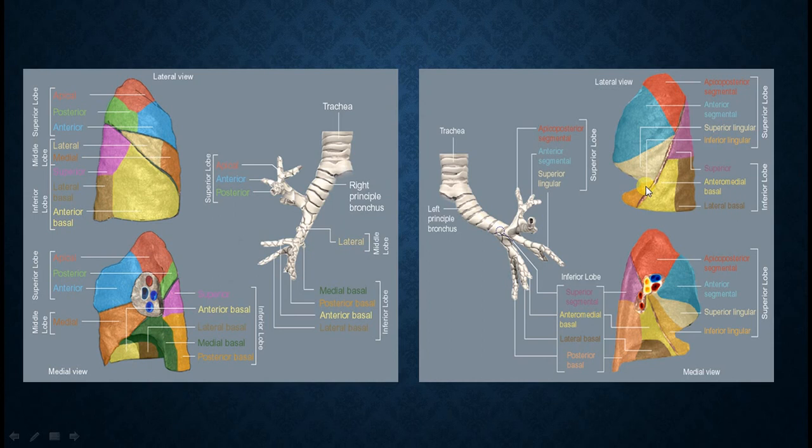For the lower lobe it is apical, lateral basal, anterior basal, posterior basal. The medial basal which you see on the right side is usually suppressed on the left side. So that is why you have 9 bronchopulmonary segments for the left lung.